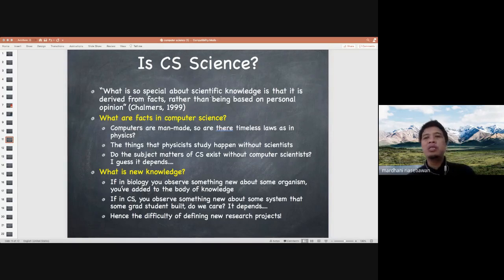When I see this statement, I agree a little bit, because let's say I work in the lab and do some scientific research, and then I report it in a paper and publish it in a conference or journal. It seems like I share the facts that I found in my experience, but in the same way I also explain my own opinion about the facts.